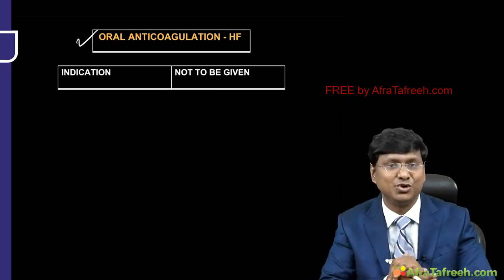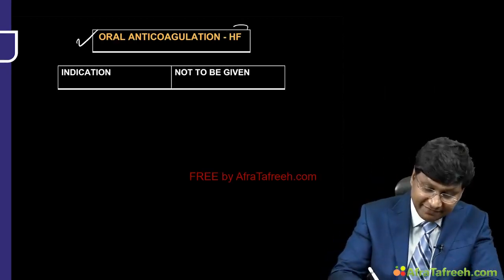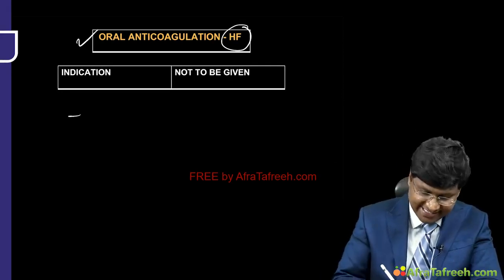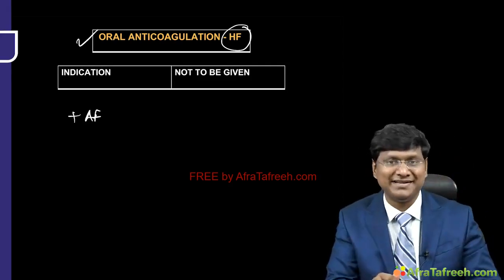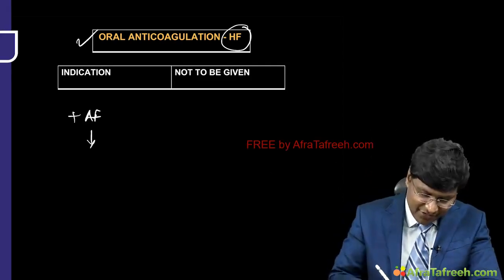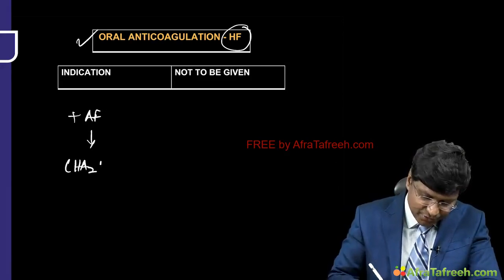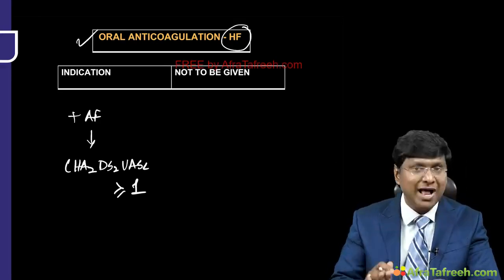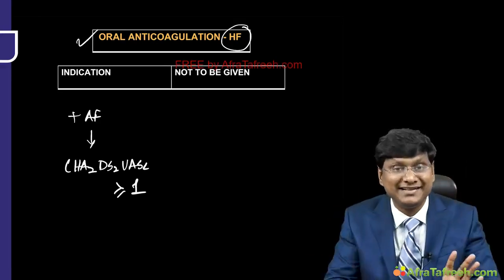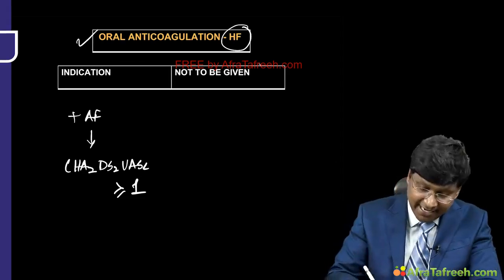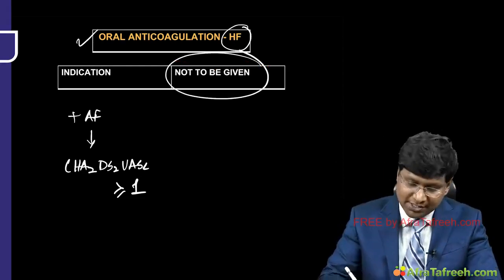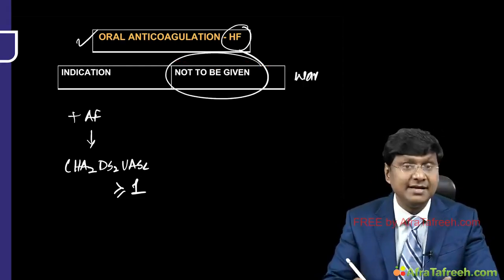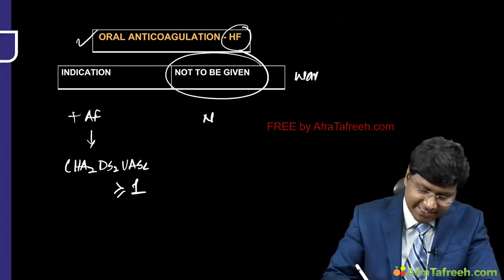What is the indication, if so? If the patient with heart failure has atrial fibrillation, then there is a role of anticoagulation, and in atrial fibrillation we calculate the score, that is the CHA2DS2-VASc scoring system, and if the score is more than or equal to 1, then you need to start anticoagulation, right? But data is insufficient about the usage of warfarin in patients who have normal sinus rhythm.